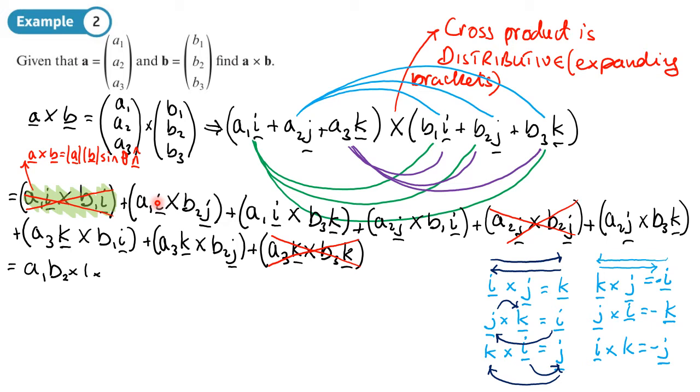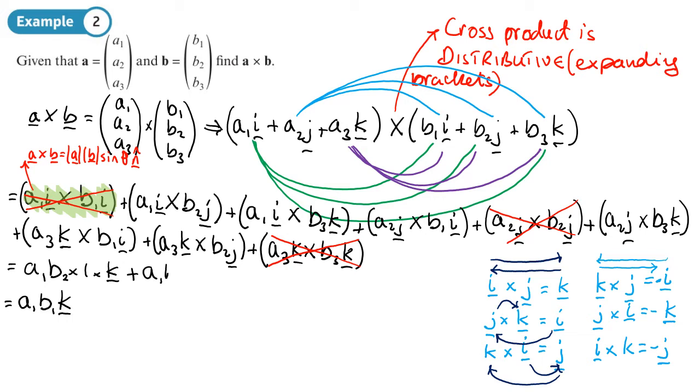Now the reason why we did that is because here we need to work out i cross j. So if I go over to here, i cross j is k. So basically the first bracket works out to be A1 B2 k. And we're going to do the same with the other bracket. So if I go on to the next bracket here, which is this one, obviously the lengths are A1 B3, sorry.